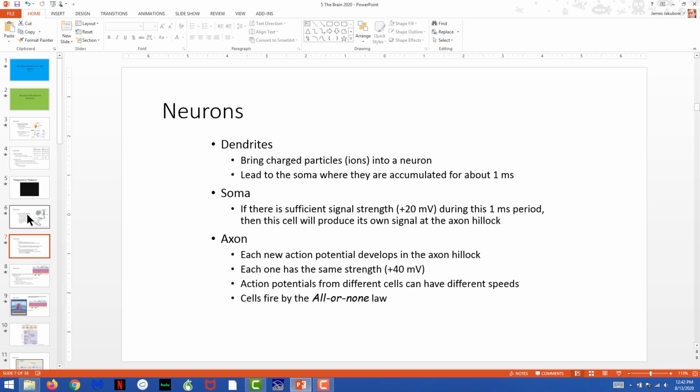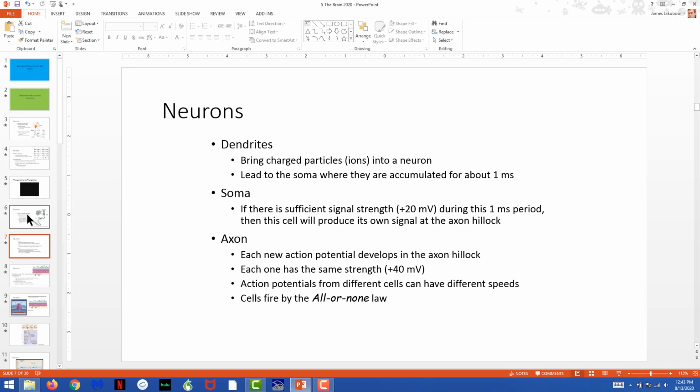When it fires, it produces a positive 40 millivolt signal, and there is no other possibility. So then there's no firing. And that's an important thing to keep in mind because at the heart of it, the type of information that's traveling through your nervous system is essentially an on-off signal. You either got a positive 40 millivolt signal or nothing.